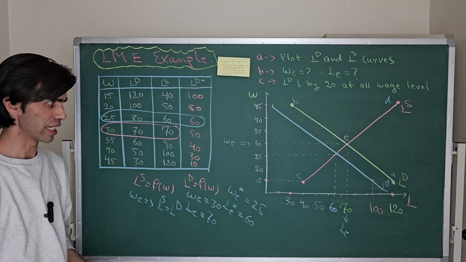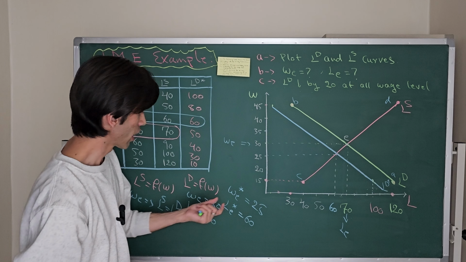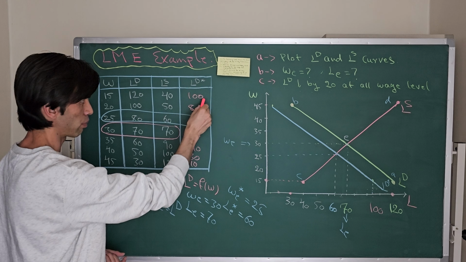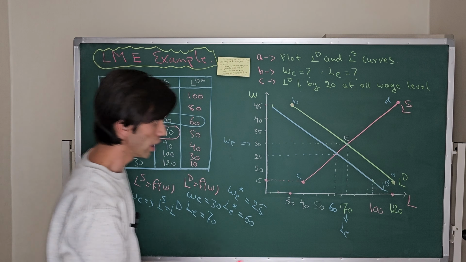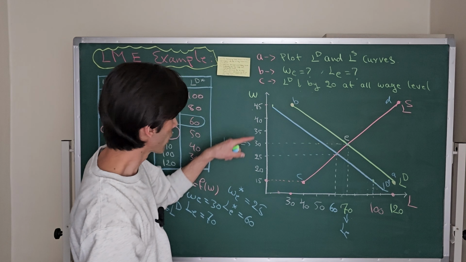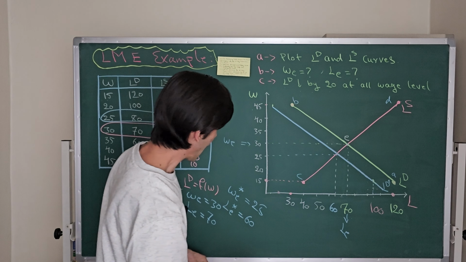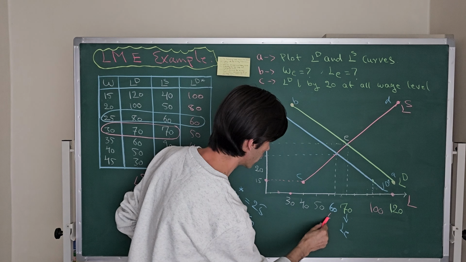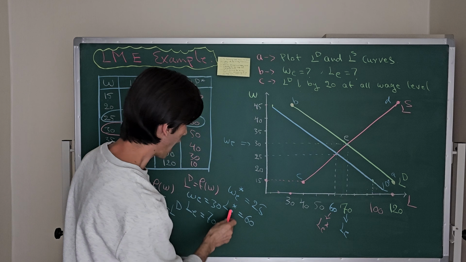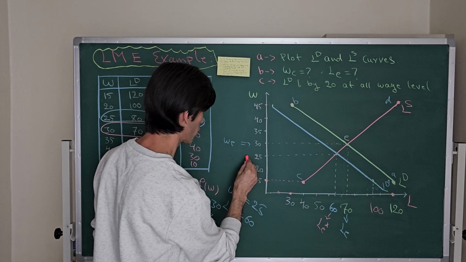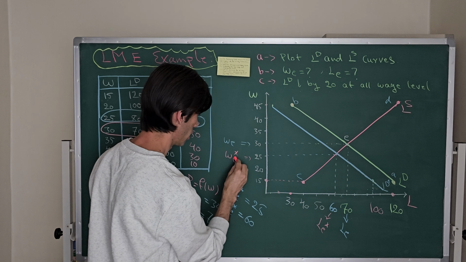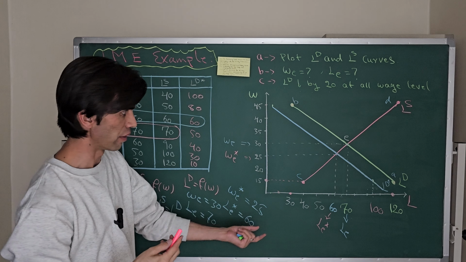Again, we can plot the new labor demand curve, which is LD star. In LD star, LE star is equal to 60 and WE star is equal to 25.